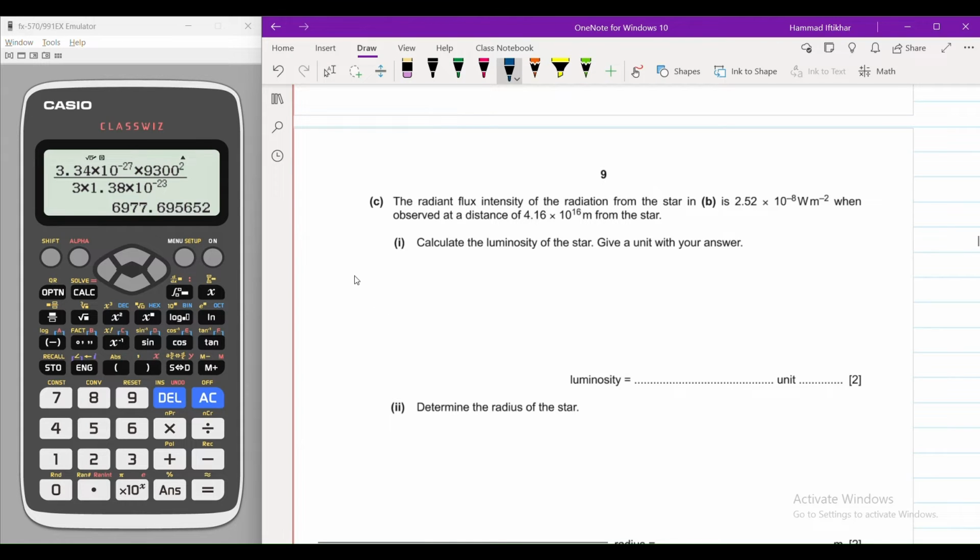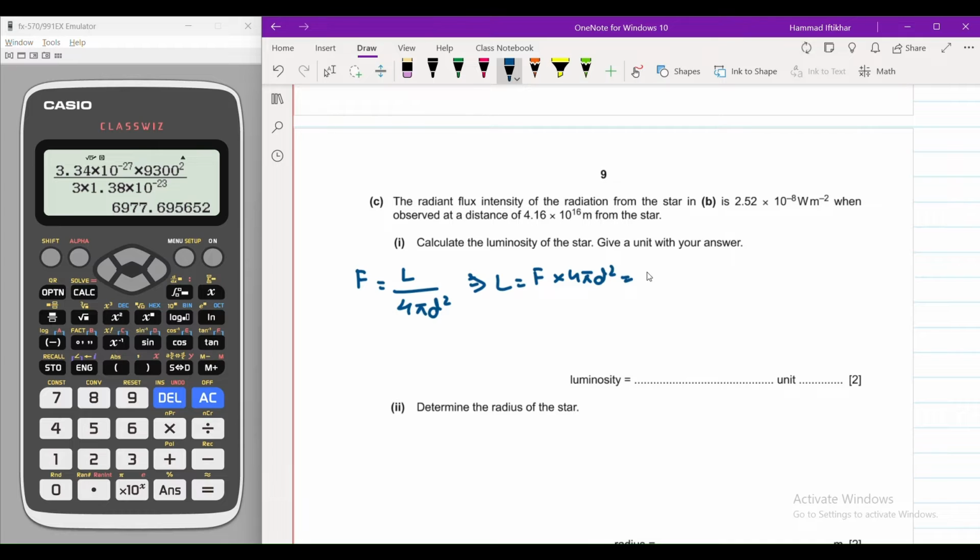Radiant flux intensity is the amount of radiant energy that passes through a given surface area on Earth per unit time per unit area. So that's luminosity divided by 4 pi d squared, where d is the distance of the observer from the star. So we need to find the luminosity, which is just F times 4 pi d squared.